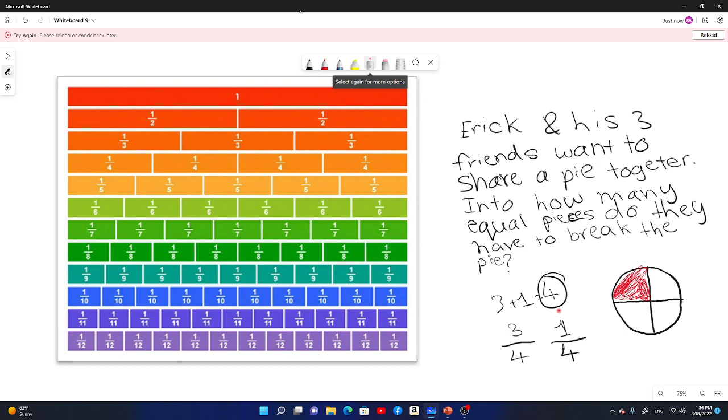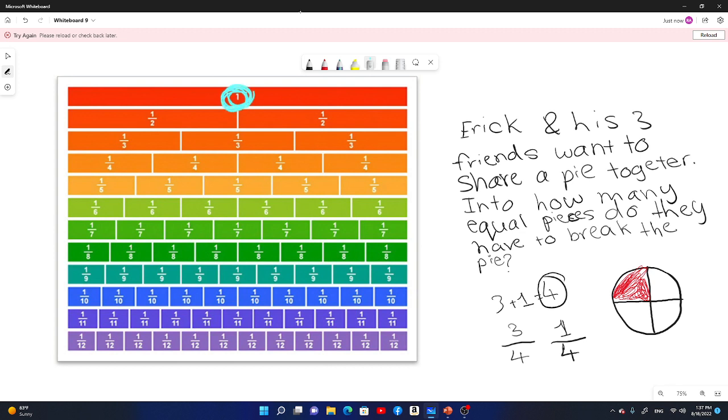As we solved this problem, you probably understood a little more. Now let's learn all the names of the fractions. I'm going to use a blue light.